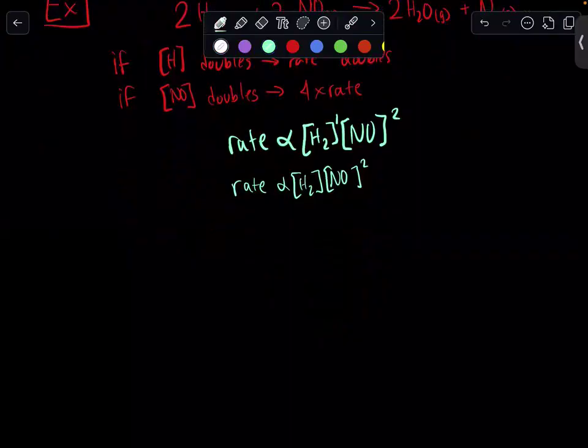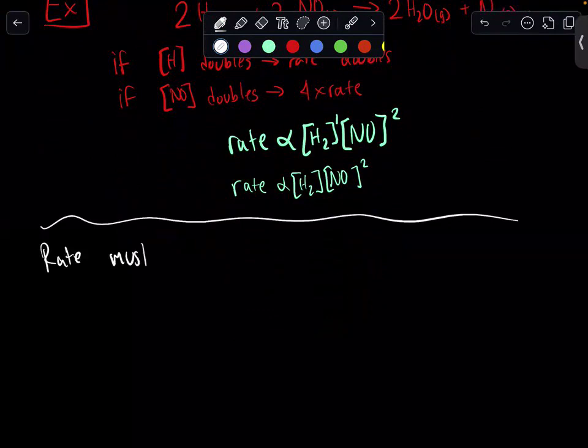The thing is, when we actually need to find the rate, it must be determined experimentally.